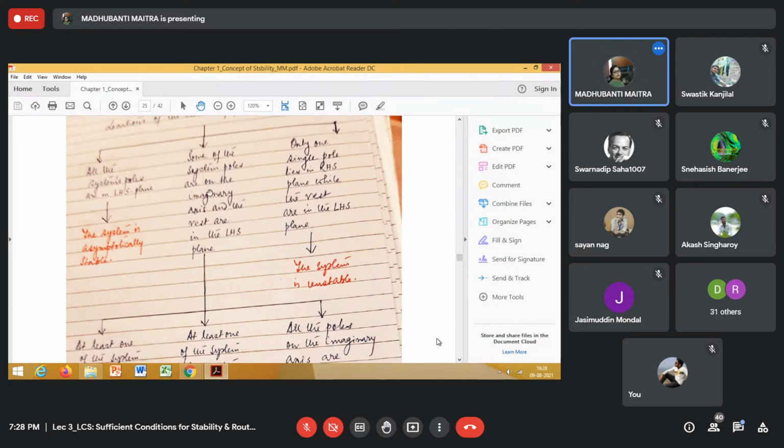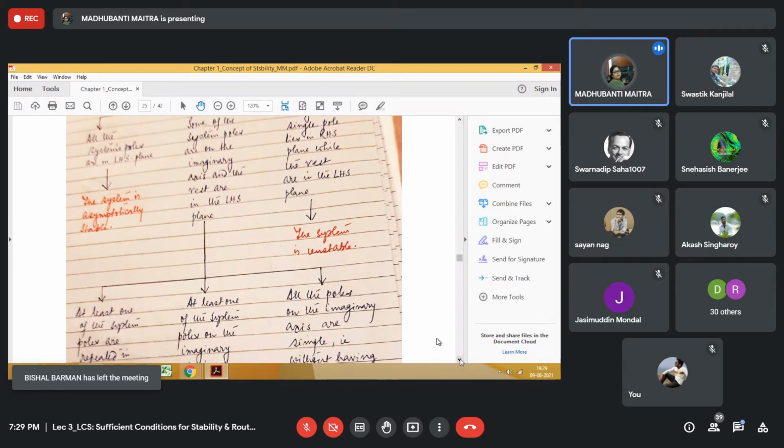And the third case, some of the system poles are on the imaginary axis and the rest are in the left half of the S-plane. That means none of the system poles are appearing in the right half of the S-plane.